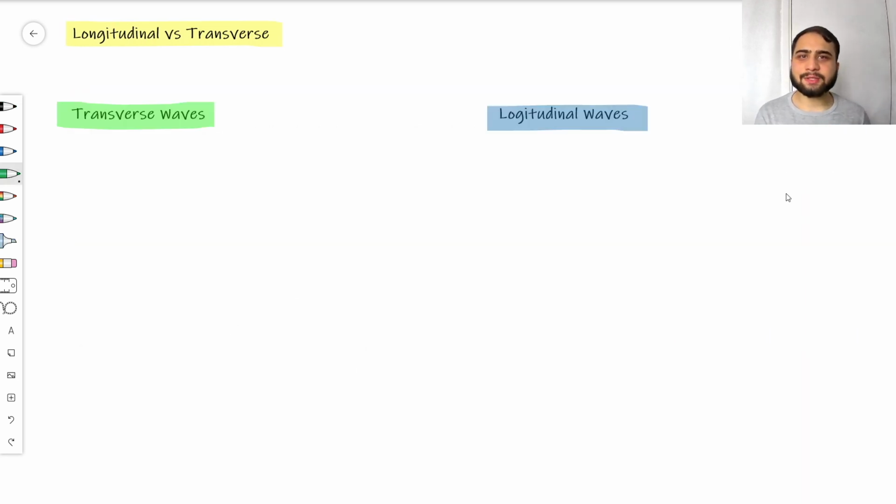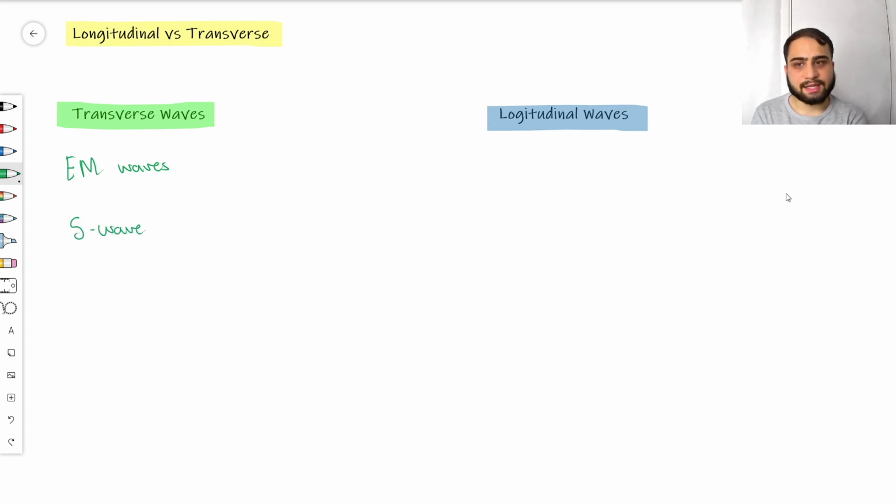Now, we also want to be able to state some examples of transverse waves and longitudinal waves. Let's start with transverse. One example of transverse waves is EM waves. EM stands for electromagnetic, which covers the entire spectrum of waves that you need to learn for GCSE. So radio waves, X-rays, gamma waves, and also visible light all around us. These are all transverse waves. Another type of transverse wave is called an S wave.